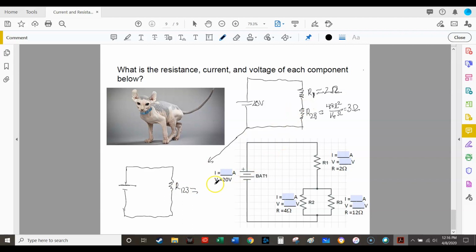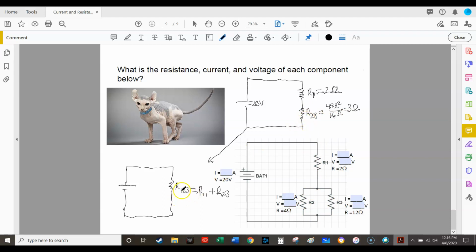So R1 is now in series with R23. Even though R23 is a sub-parallel branch, and R2 and R3 are in parallel with each other, and that's why we did this, R1 is in series with this, as you can see right here.